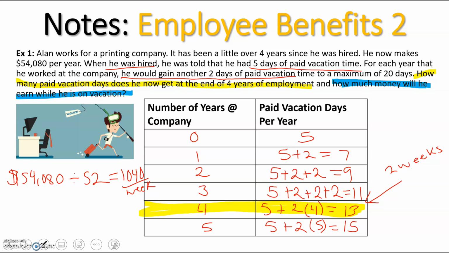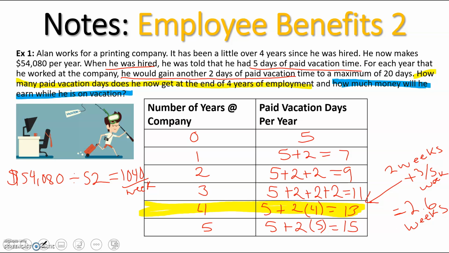Assuming that a week is 5 days, it is 3/5 of a week. So 2 5-day weeks plus 3 out of 5 days. 3 divided by 5 is 0.6. So this is 2.6 weeks.